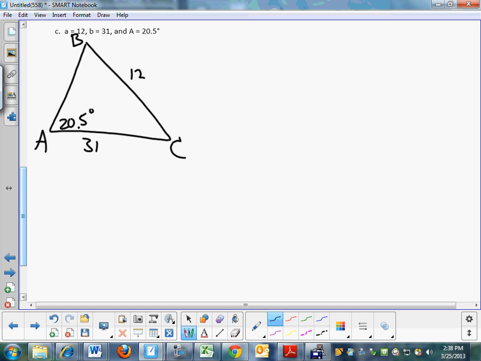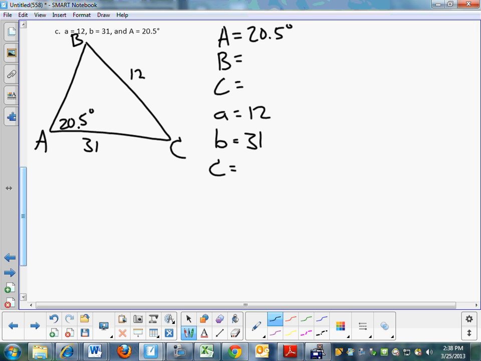Okay. I'm going to write my A, B, and C here. So A is 20.5. B we don't know. We know that little a is 12, and we know little b is 31. Okay.